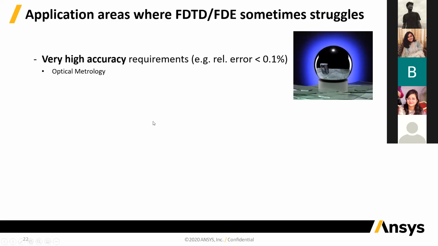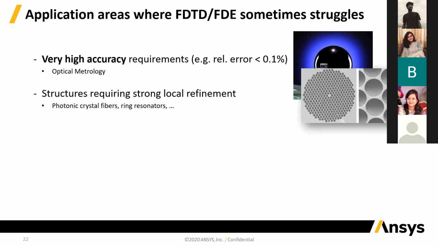When you're doing simulations that require very high accuracy, for example in optical metrology, getting very high accuracy with FDTD and FDE needs a very fine mesh, and that can require a lot of memory and a lot of simulation time. So it can be very challenging.